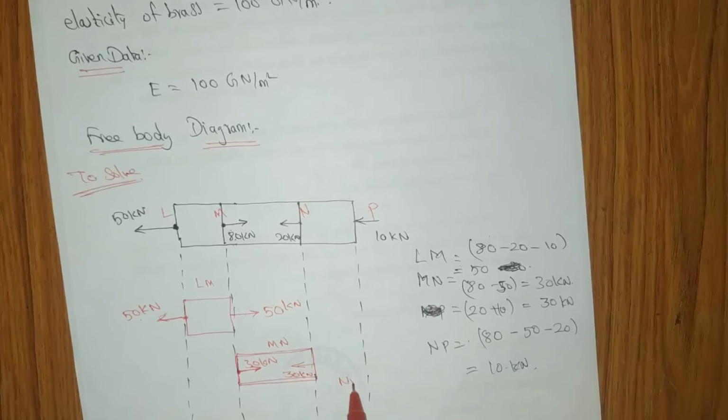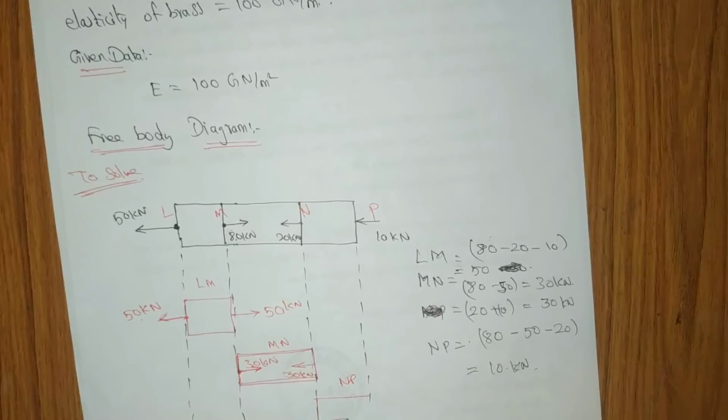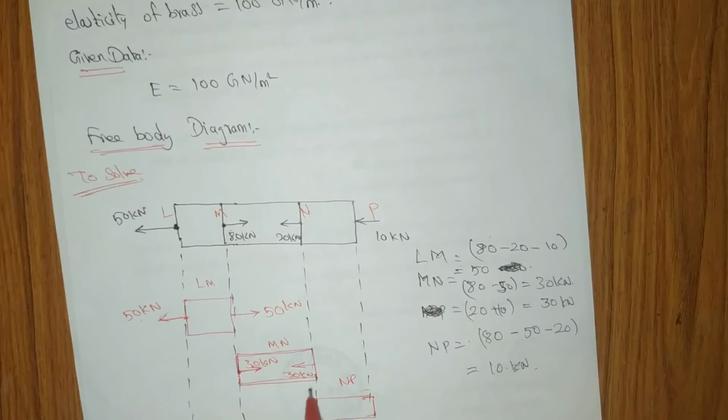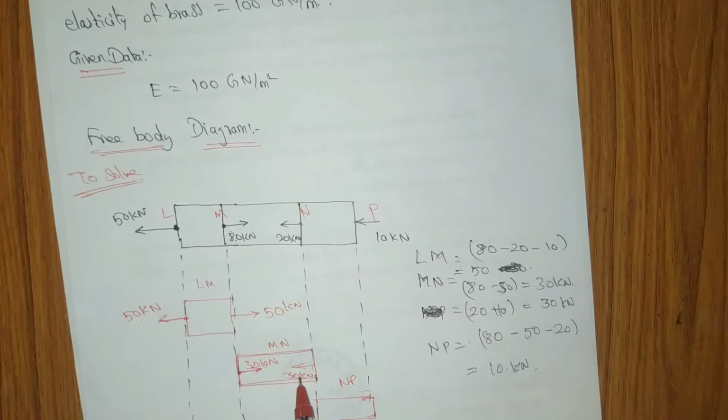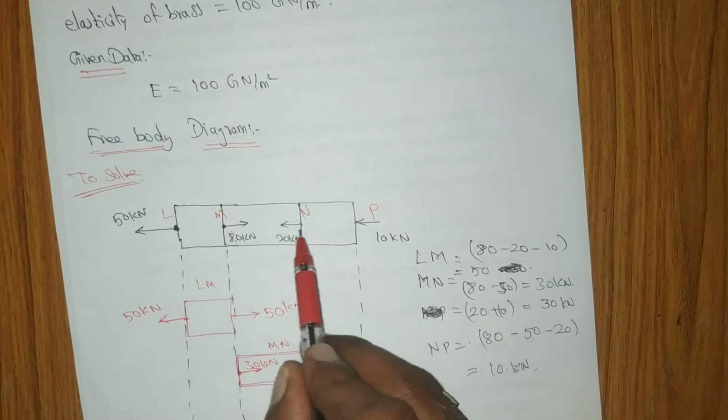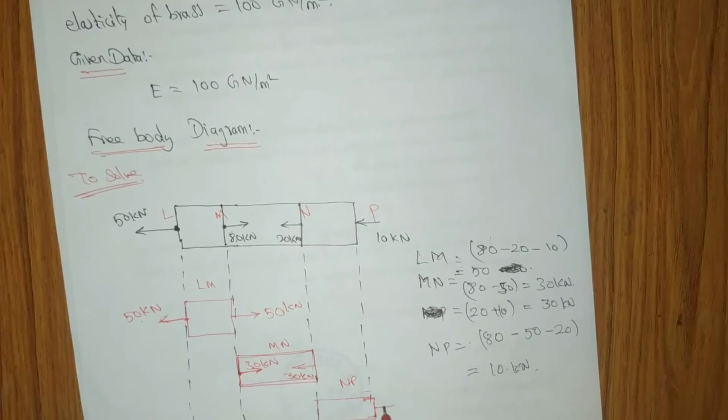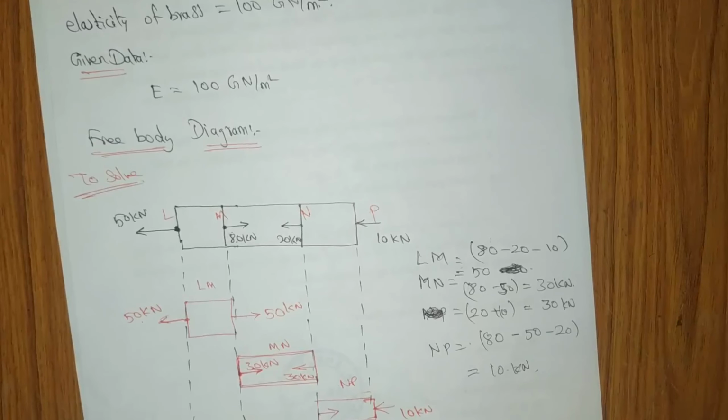For the NP bar, the remaining direction is 30 from before, and it already has 10 kilonewton compression.